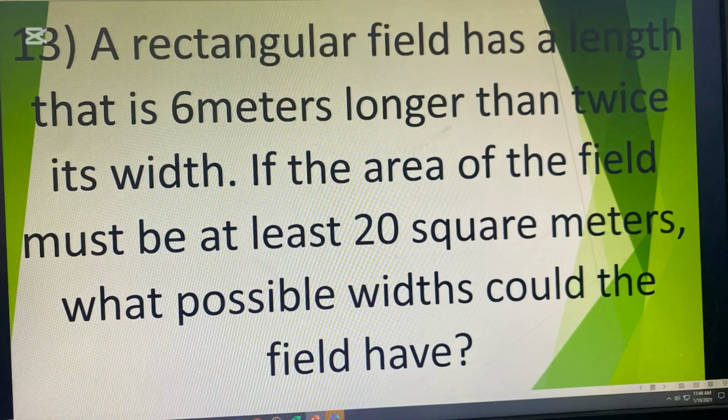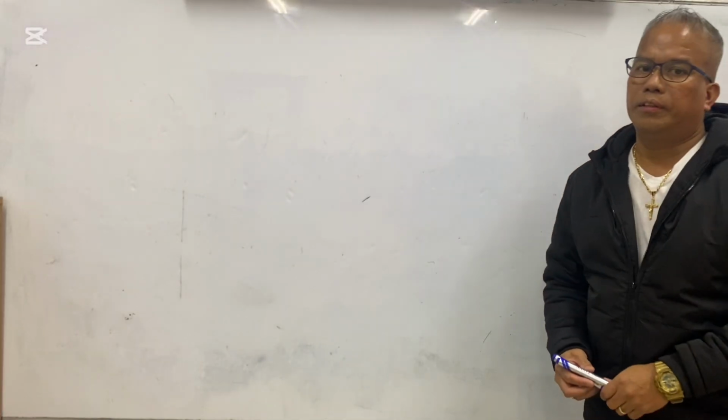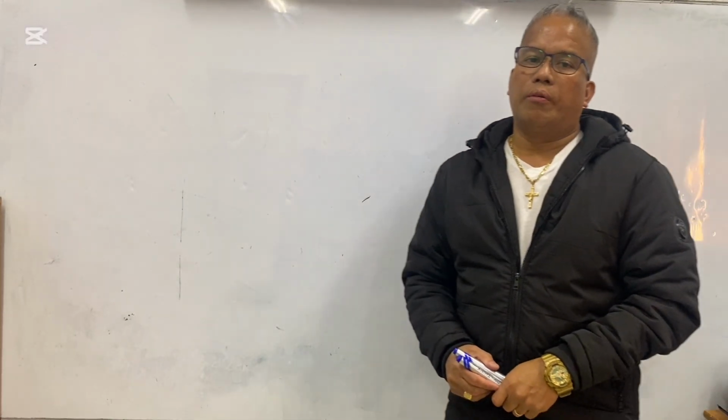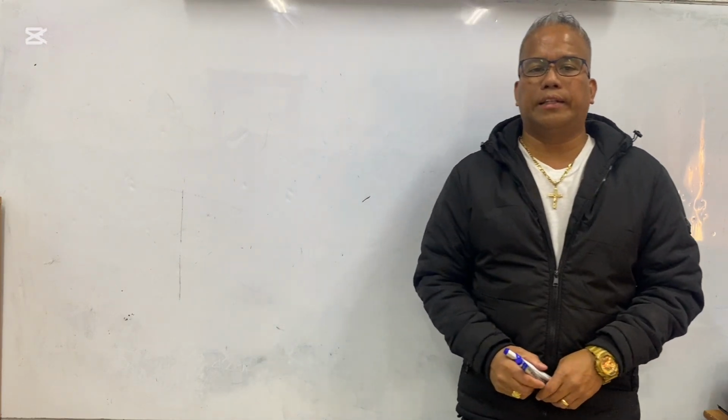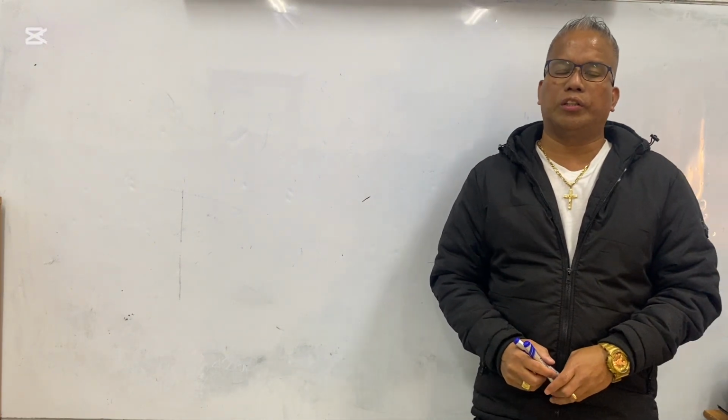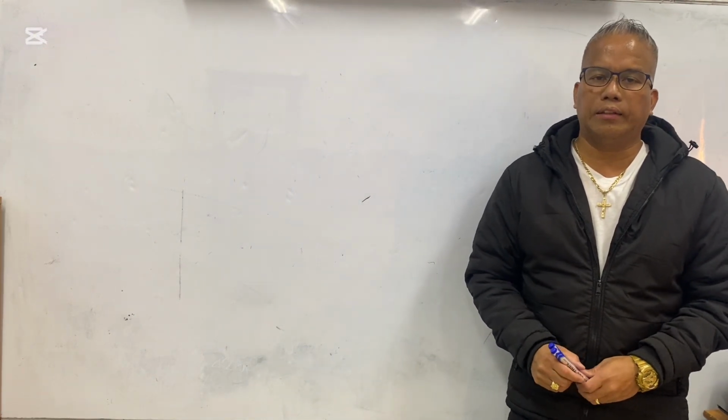Question number 13. A rectangular field has a length that is 6 meters longer than twice its width. If the area of the field must be at least 20 square meters, what possible width could the field have? So first, we are going to write the expression of the width and the length.